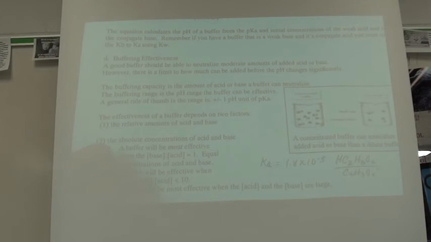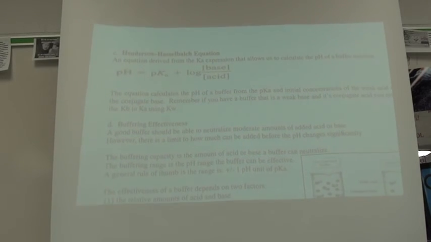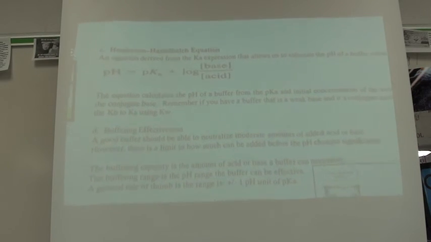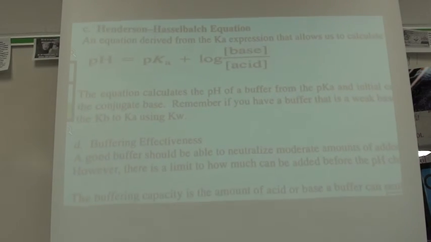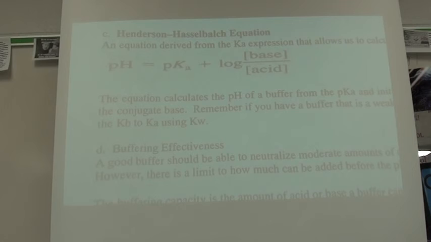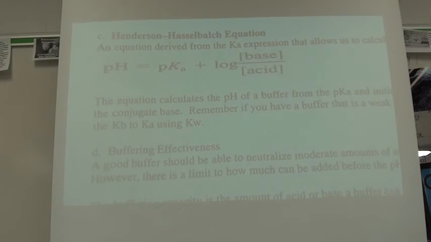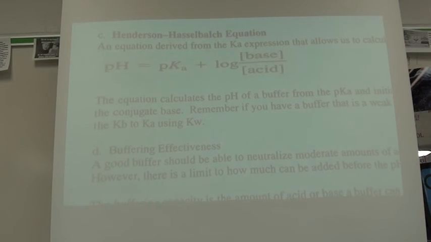Now, this brings us back to the top of this page, where we will all pay homage to Mr. Henderson and Mr. Hasselbalch, because they have derived this equation that is a quick way to calculate the pH of a buffer.